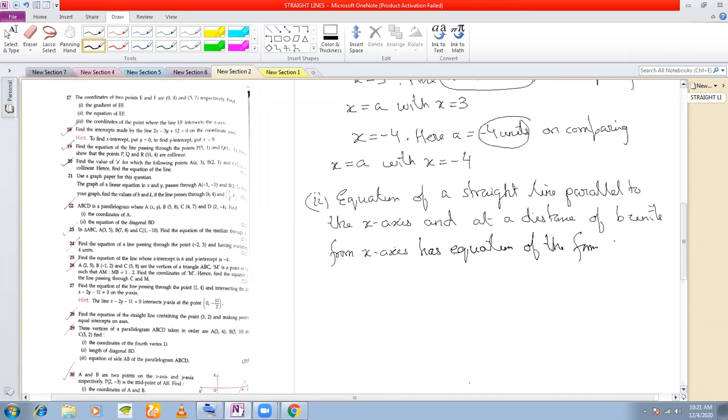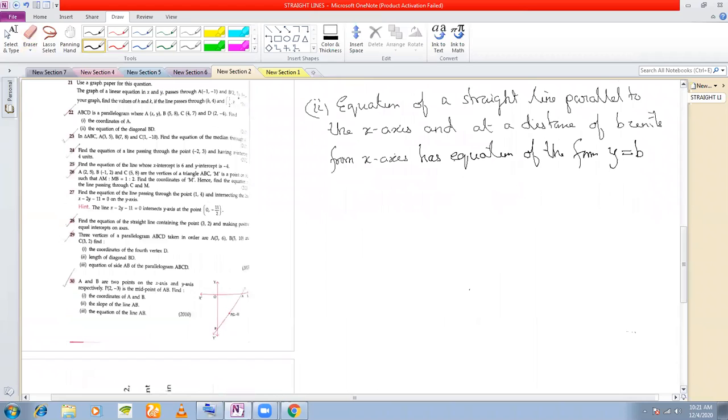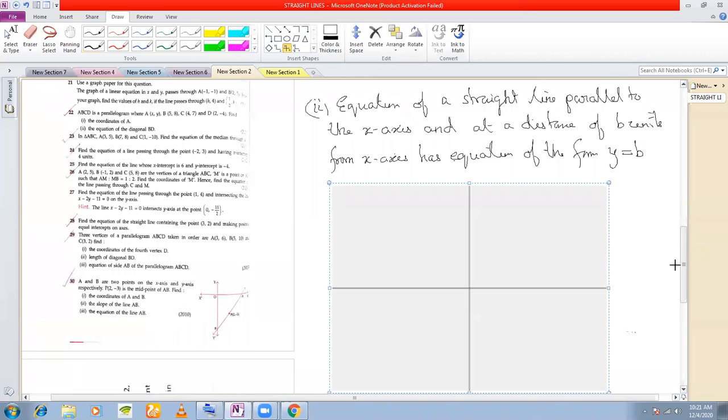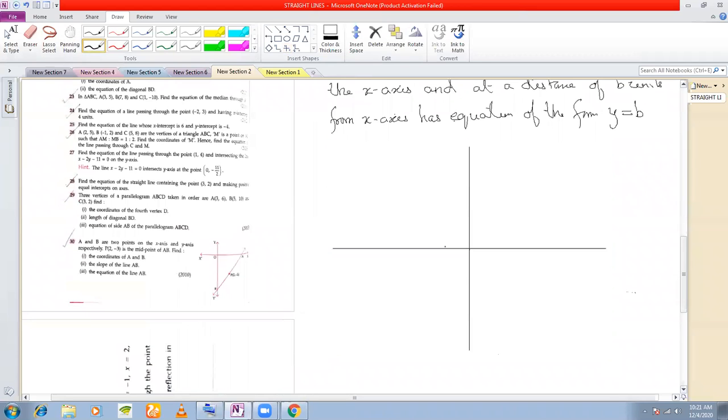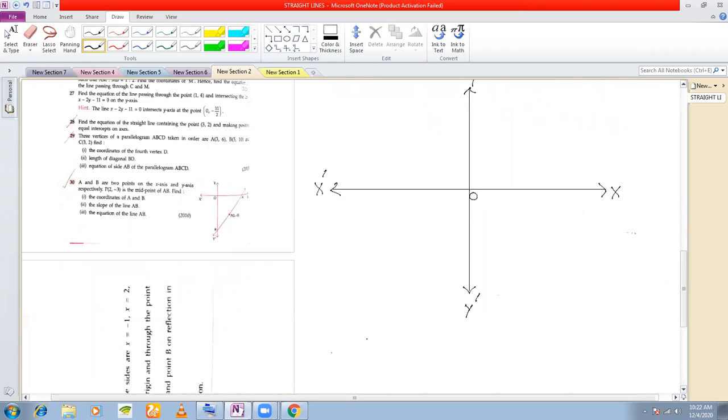Since it is parallel to the x-axis, it will always have an equation of the form y is equal to b. For example, you have your coordinate axis just like in the previous standard form, and you have to draw, say, y is equal to 3.